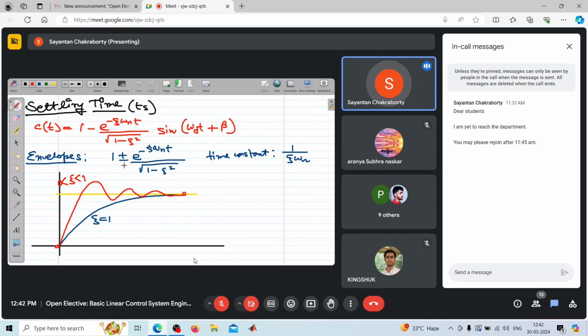Now coming back to the expression for the settling time. So we can have two such scenarios where there is a settling band of plus minus 2%.